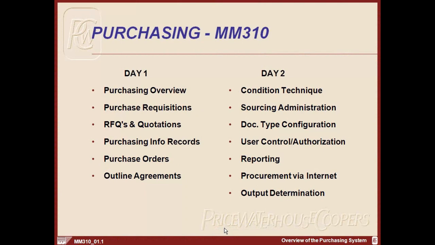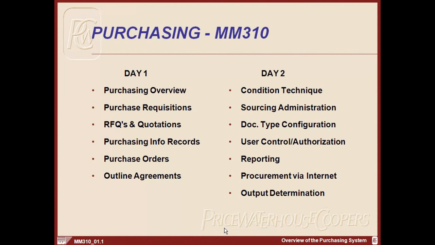Okay, so let's try to understand the overview of purchasing. In purchasing, we are going to cover the following topics: the overview of purchasing, meaning the purchasing cycle, purchase requisitions, how to create and process requisitions, what we require to create a requisition, requests for quotations and quotations themselves, purchasing info record, purchase orders, outline agreements, etc. Then we have something called condition technique, which we use in multiple applications, and we will discuss it in detail.